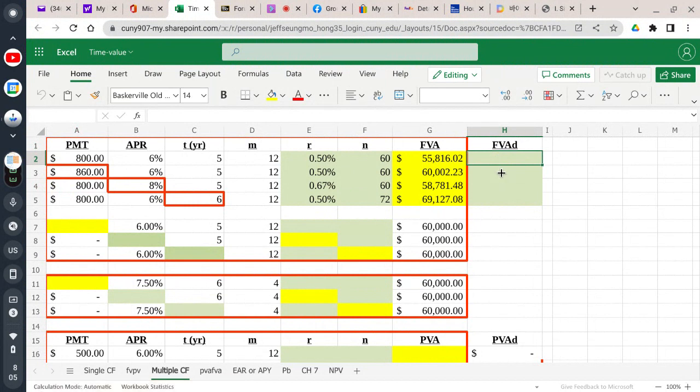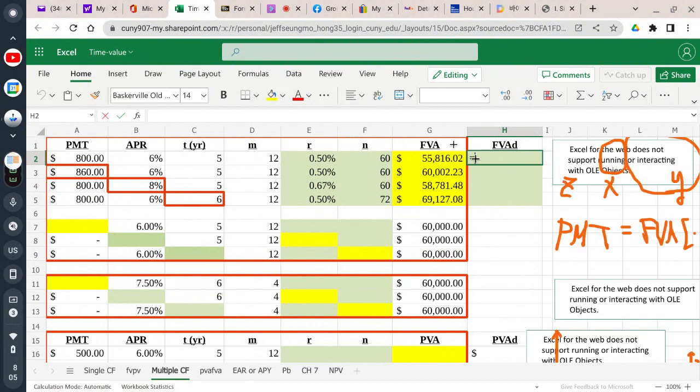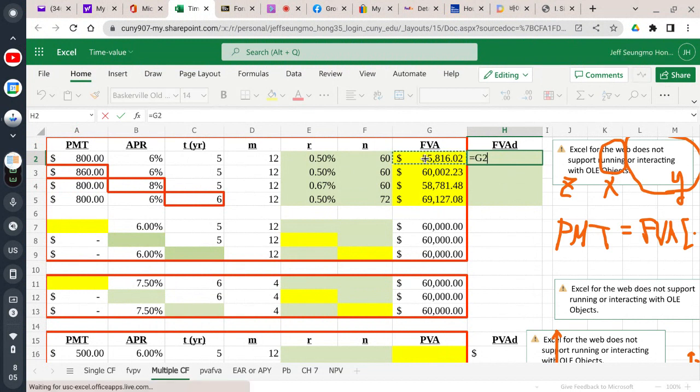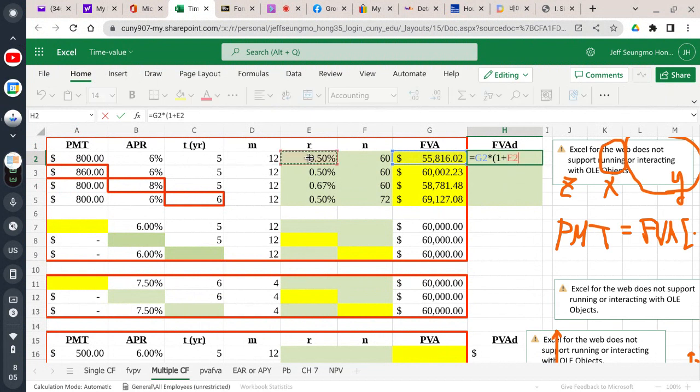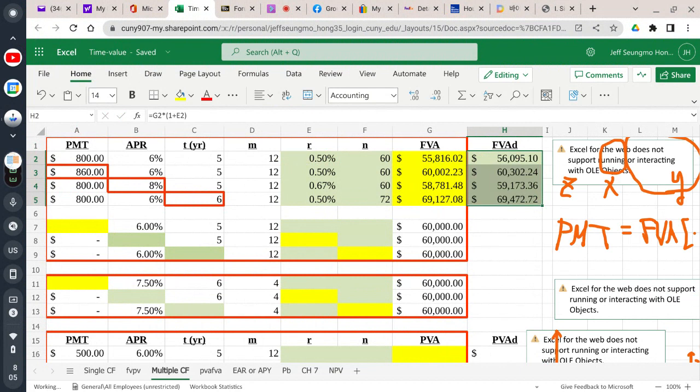It's one more compounding, so I can recycle this. All you need to do is recycle that, and that result will get compounded one more time. That's the annuity due. Hit enter, and you drag it down. And voila, you have annuity due.